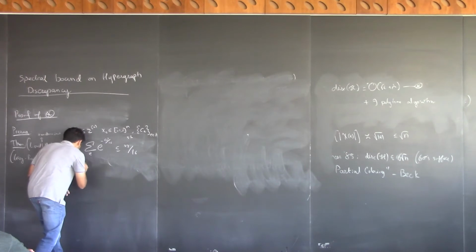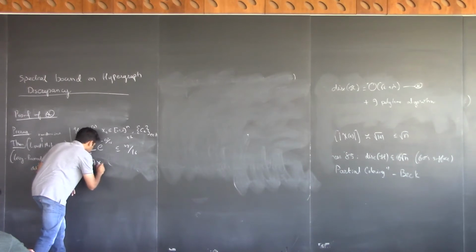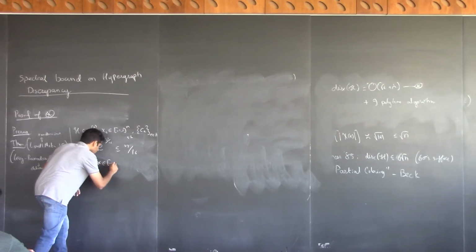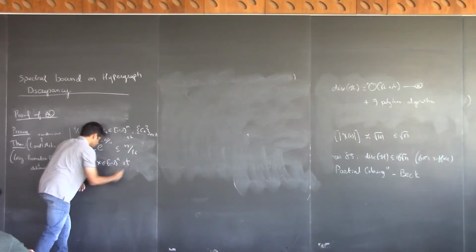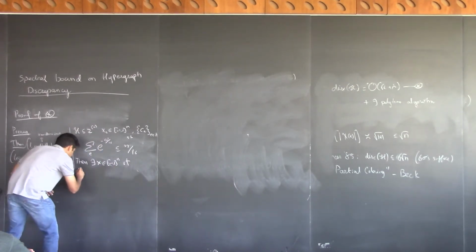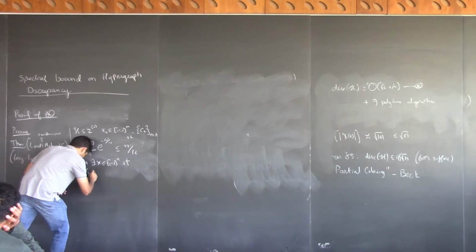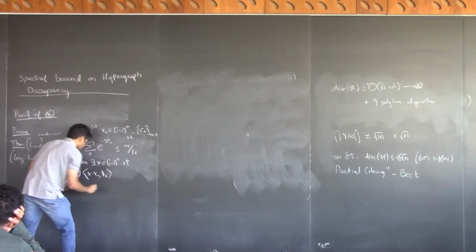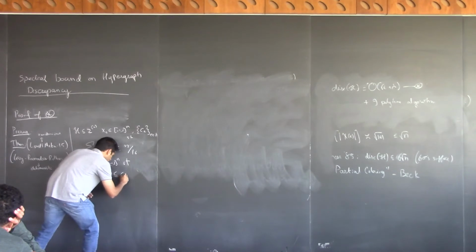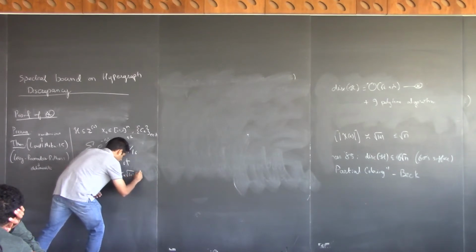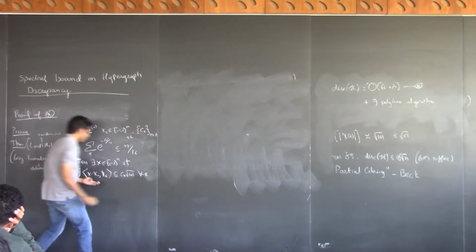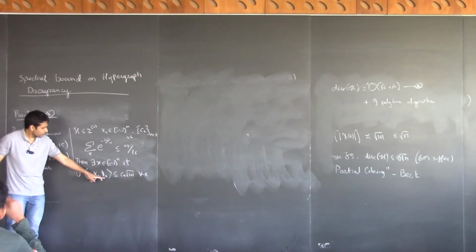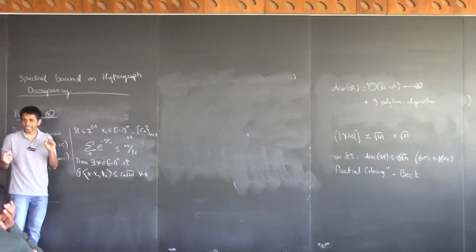Then there exists an x in [-1,1]^n such that the first point is, for every E, the indicator of E means the indicator vector of the edge.